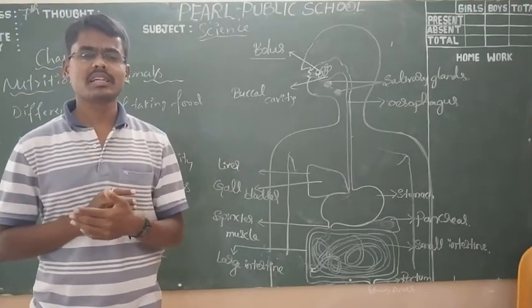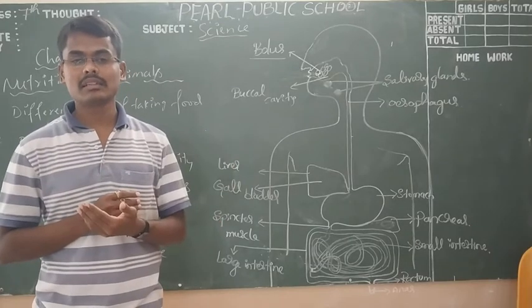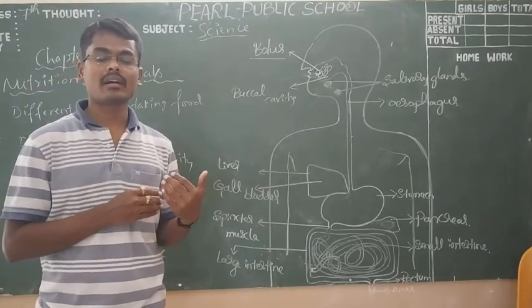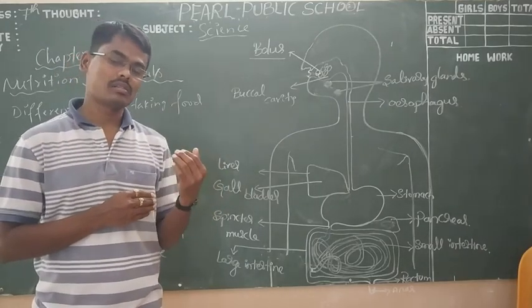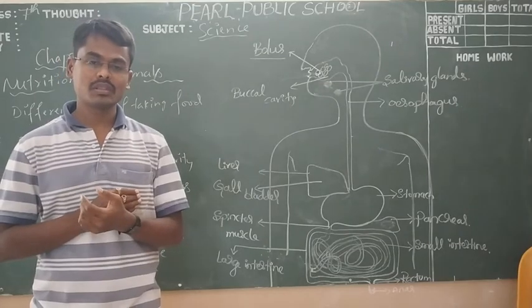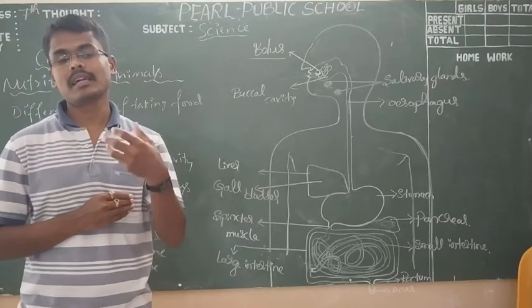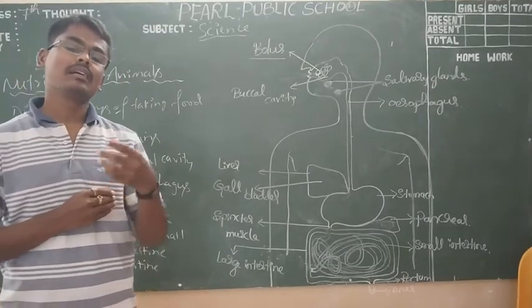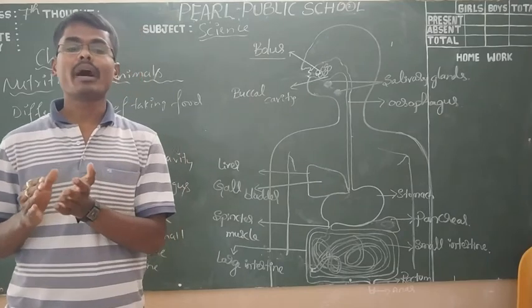This small intestine gets connected with many internal glands like the pancreas and the liver, and moreover the walls of the small intestine secrete many digestive juices. Inside the liver we can see the secretion of juices. We call them bile juices.